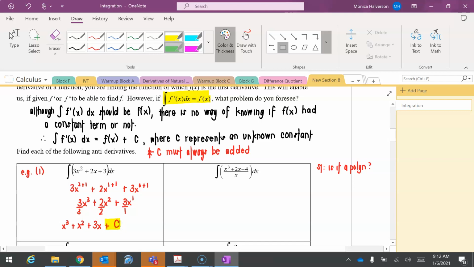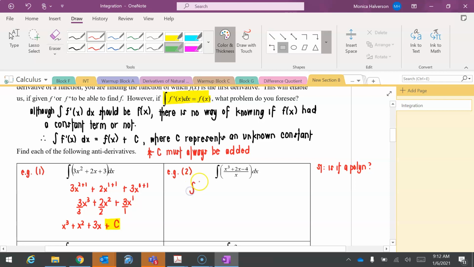Now remember, you can always check your work. You can find the derivative of this answer and see if it equals the integrand, which in this case it does. All right, let's look at our second example. If we look at this second example, it currently isn't a polynomial, it's a rational function.